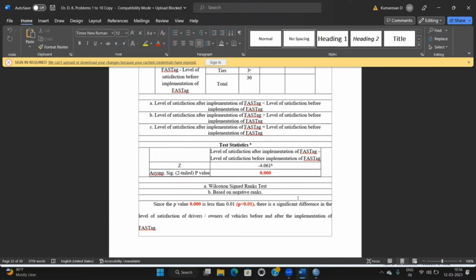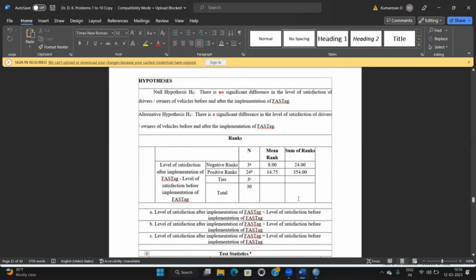So what decision can we take? If the P value is less than 0.05, the chance of accepting the null hypothesis is less. So we reject the null hypothesis. What is the null hypothesis? There is no significant difference in the satisfaction. Automatically, the alternative hypothesis is accepted.